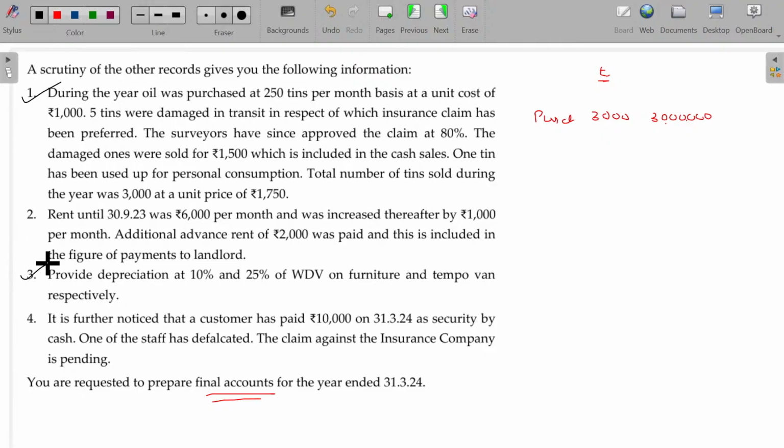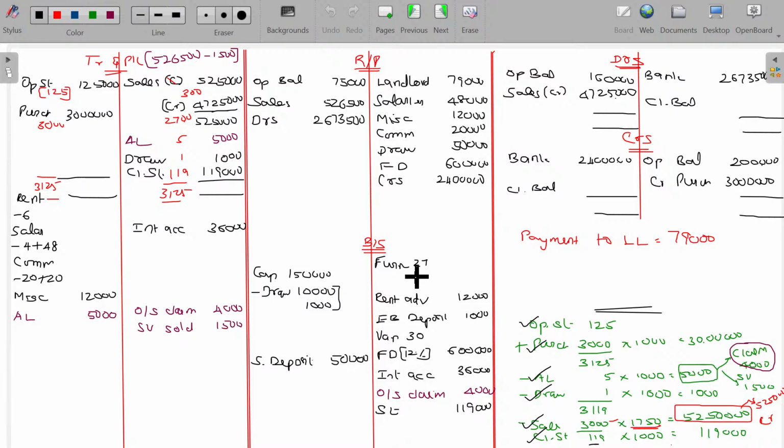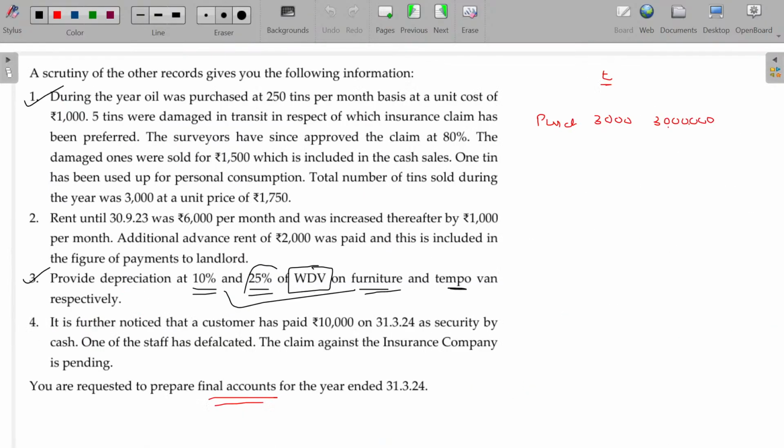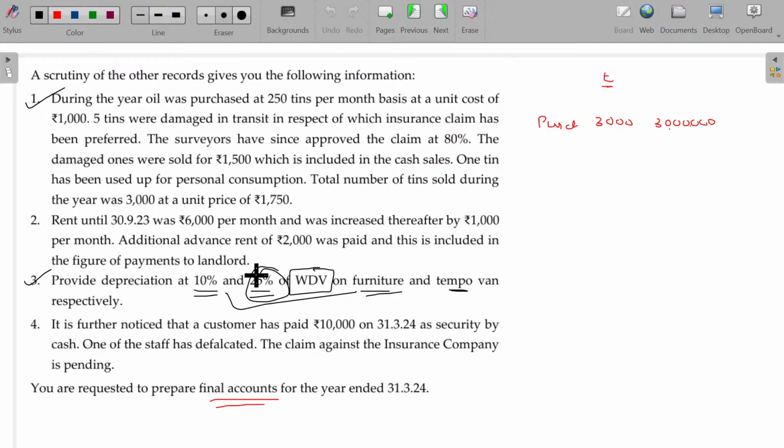Let's go for adjustment number 3. This is easy. Provide depreciation at the rate of 10% and 25% on WDV value on furniture and van. For furniture it is 10%, right? For furniture 10% of 27,000, 2,700. What is the ultimate value? 24,300. Now in P&L account, depreciation for furniture, the value being 2,700. In case of van, 25% will be calculated, that too on WDV value.